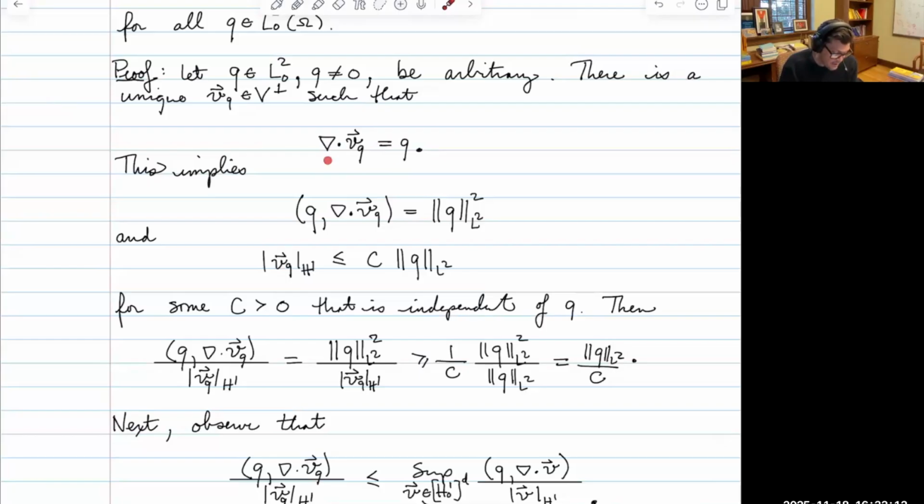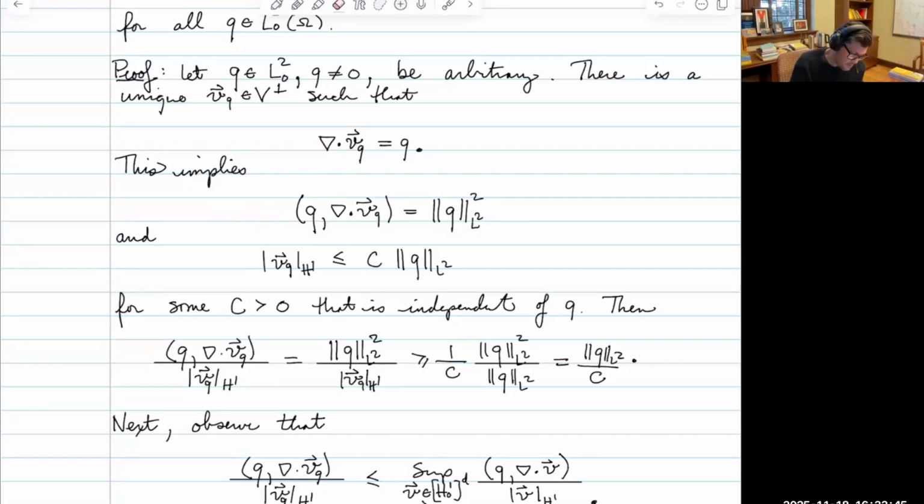But what does this imply? If we simply multiply by Q and integrate over the domain, then this object here is equal to this object here. Of course, this is nothing more than B(V_Q, Q).